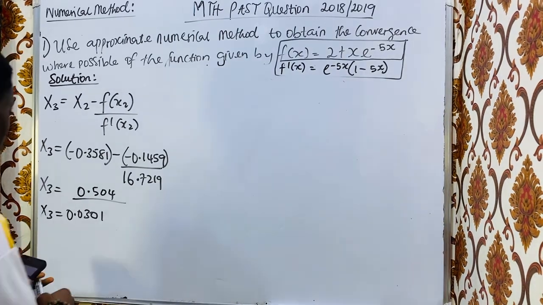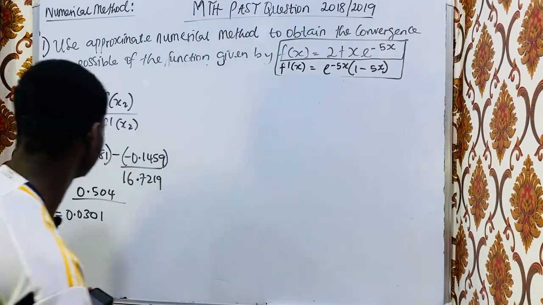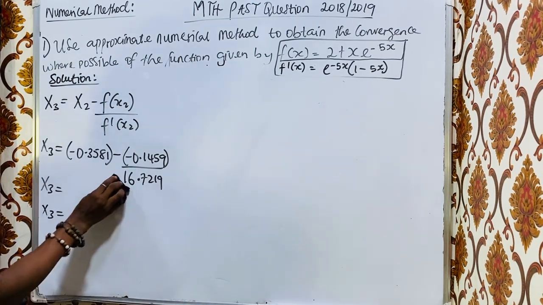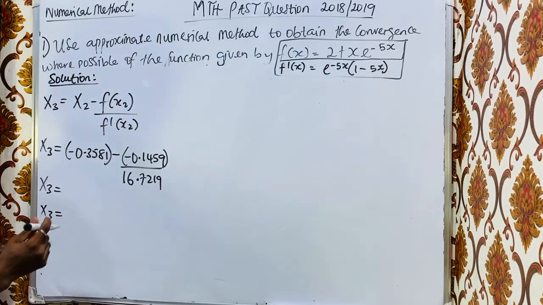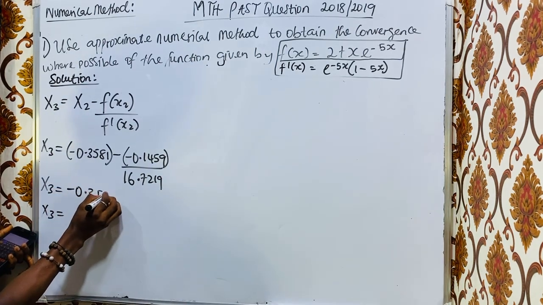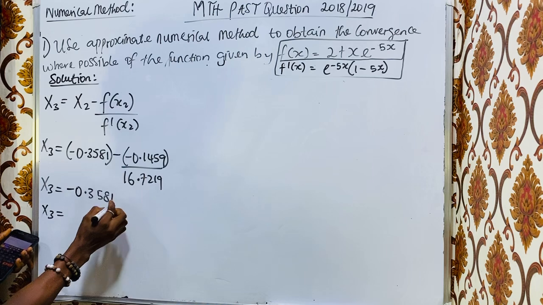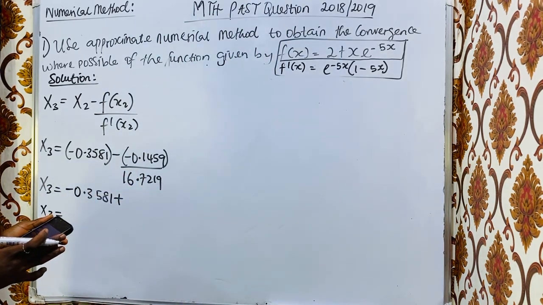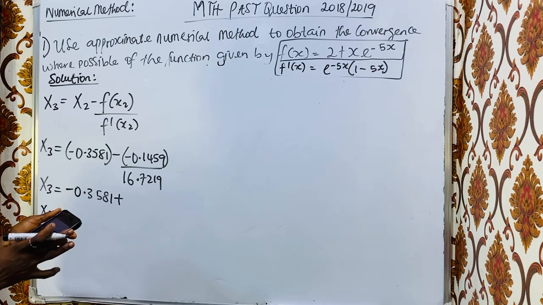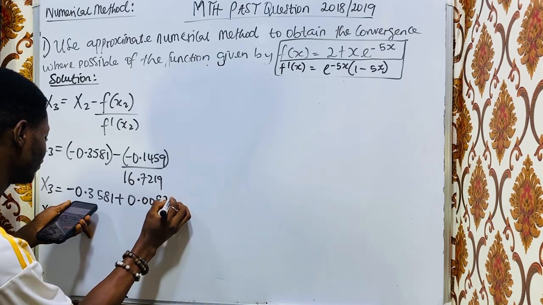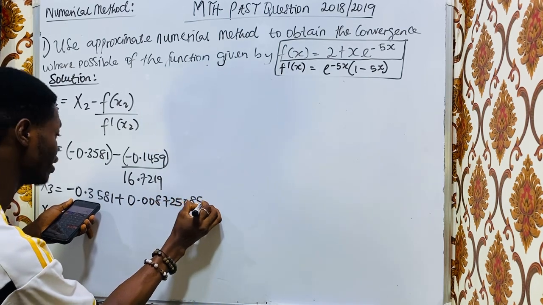Sorry, I made a mistake. I pressed it in my calculator wrongly, so it gave me a wrong answer. So let's do it manually. This thing is minus 0.3581, then minus is plus, right? Let's divide this: 0.1459 divided by 16.7219 gives me 0.00872.